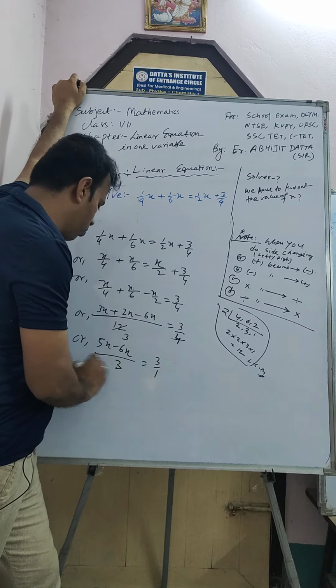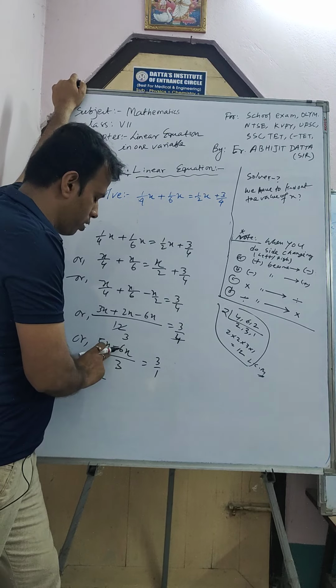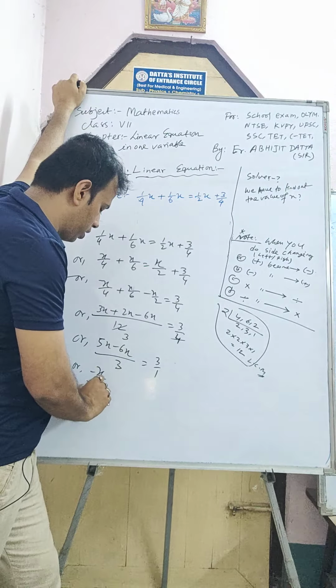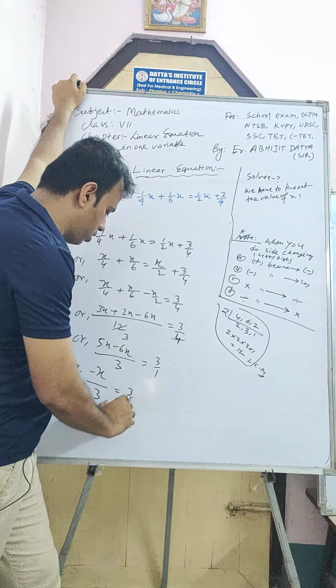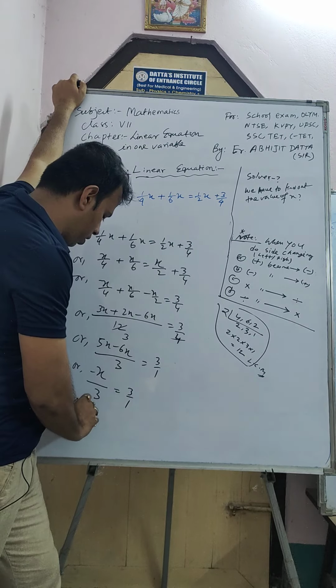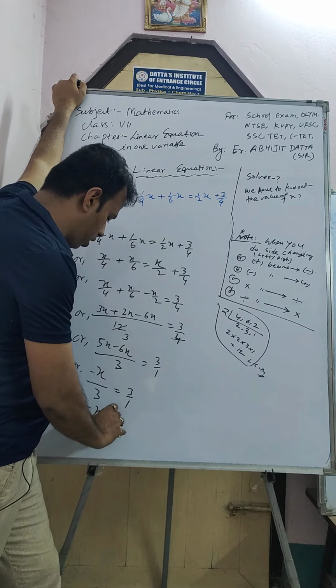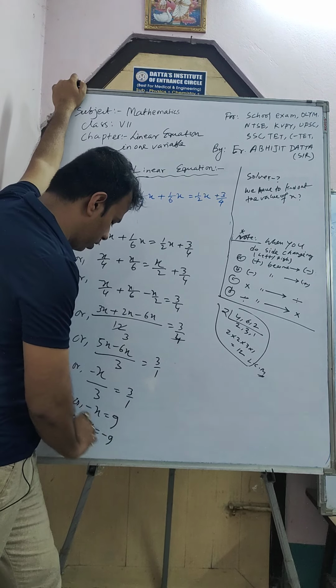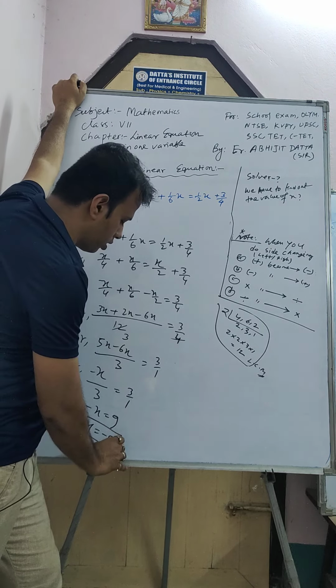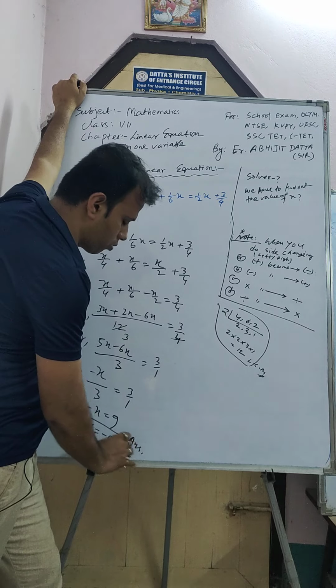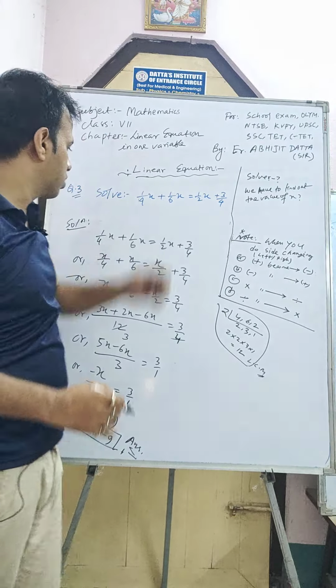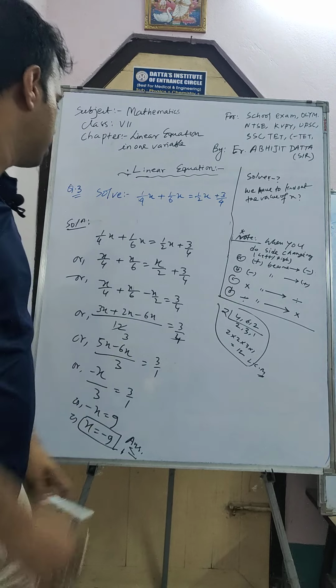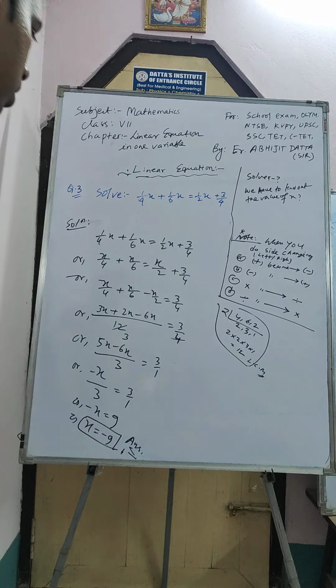So if I do cross multiplication, 5x minus 6x is what? Minus x. There is 3 by 1, so minus x equal to 9, so x equal to minus 9. So x equal to minus 9 is the solution or answer of the equation.